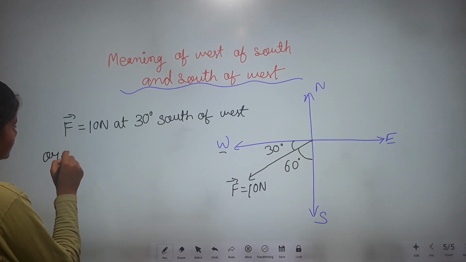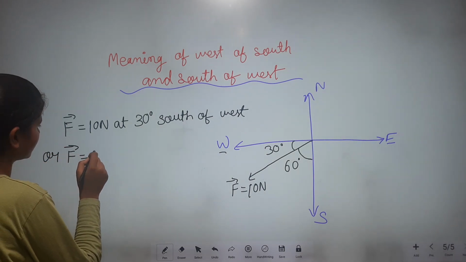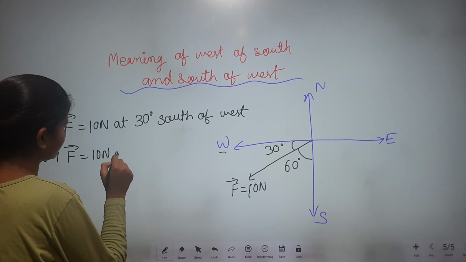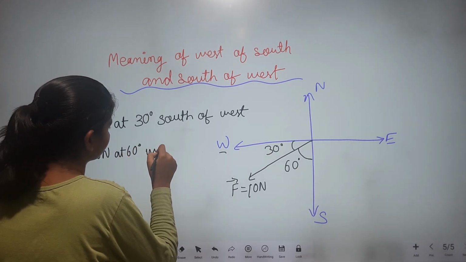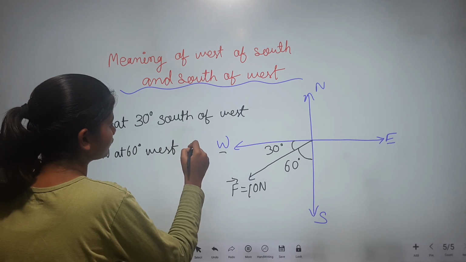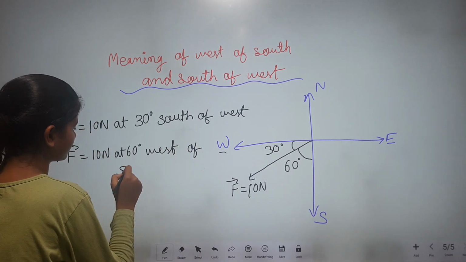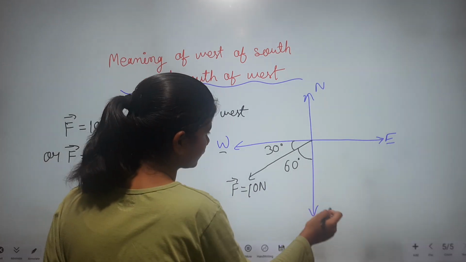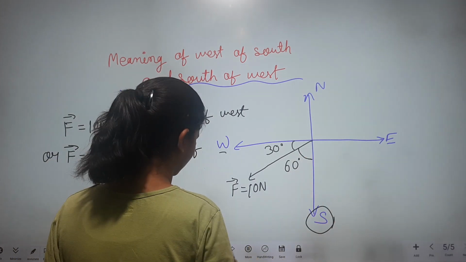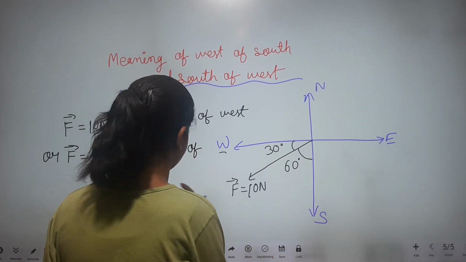Or we can also write like this: force equal to 10 Newton at 60 degree west of south. Okay, 60 degree is formed with south. Okay, so that's why it is written last.